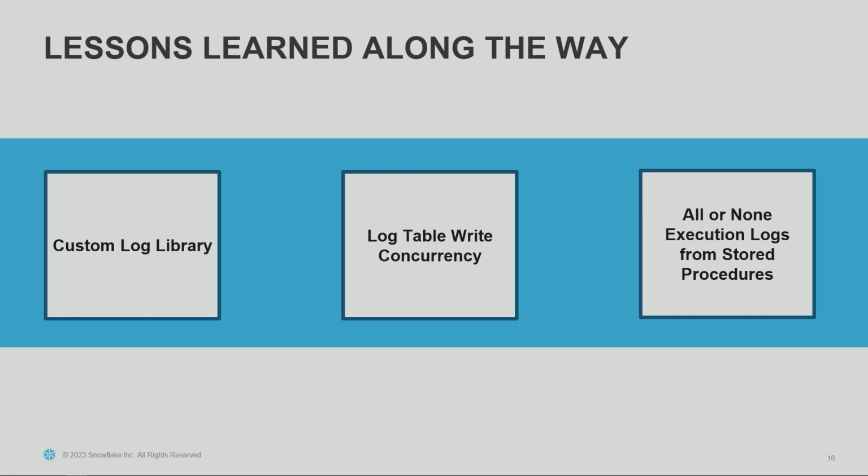Because we accumulate the logs in the stored procedure execution and push them as a batch into the central log table at the end of the stored procedure execution, in edge cases where your stored procedure is abruptly terminated, you don't have any logs to go after. So these are some of the lessons.